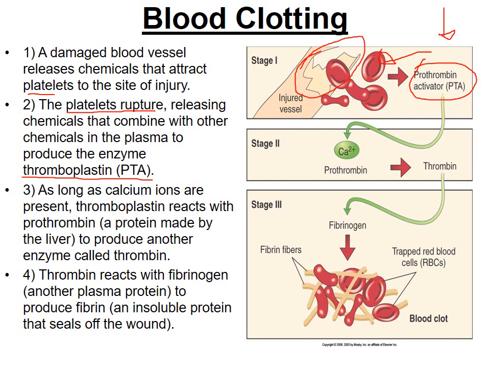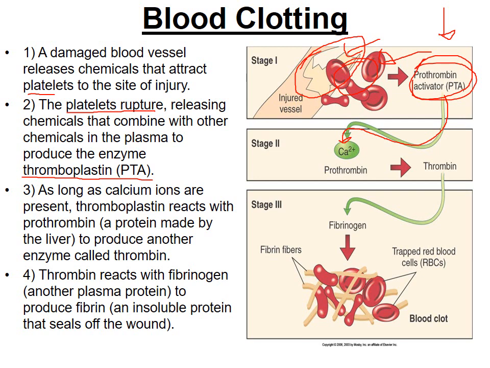Okay, so that first step, platelets came. Second step, they rupture to release chemicals to make PTA. Now, as long as there's calcium present, the PTA is going to react with something called prothrombin. And so prothrombin is actually made by the liver.